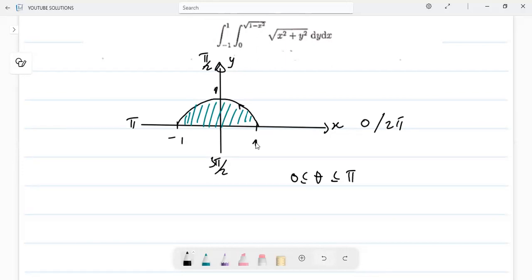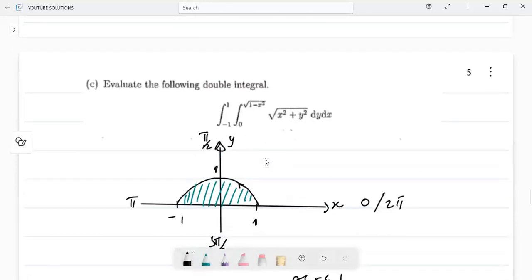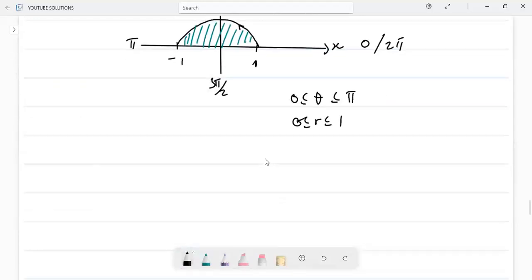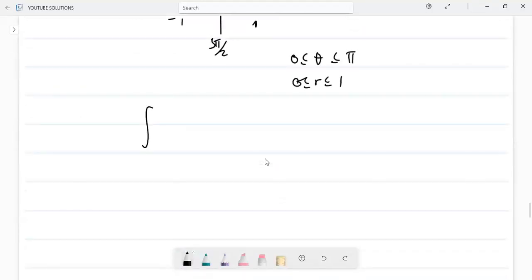You can't say radius from -1 to +1. You say radius between 0 and 1. So those will be our new limits. I've converted these Cartesian limits to polar limits: theta from 0 to pi, r from 0 to 1.